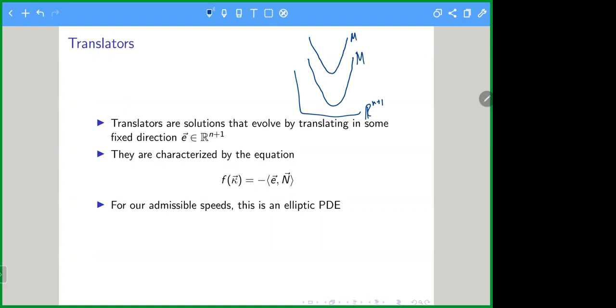So this is M, let's say at times T1 and T2, and the way it evolves is just by translation. Not every point moves at a fixed velocity, but the overall shape is maintained.